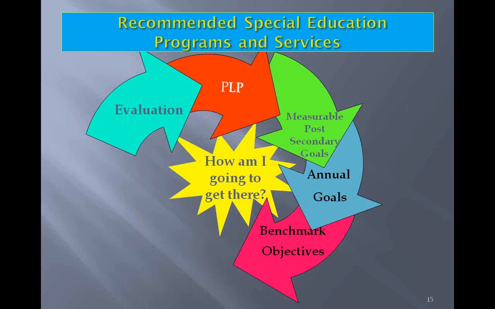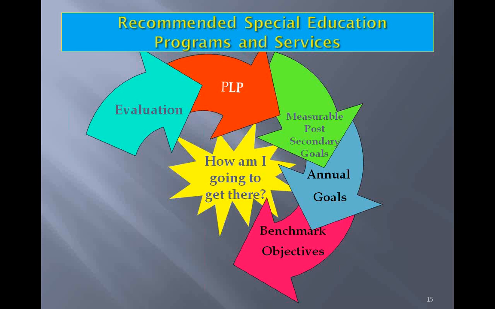You may also see this if you have a preschooler, who will have benchmarks. That means measurable intermediate steps between the student's present level of performance and the measurable annual goal. For example, if you have a student who is struggling to write complete sentences, you might have that by November, John will be able to write a complete sentence with noun and verb and adjective.